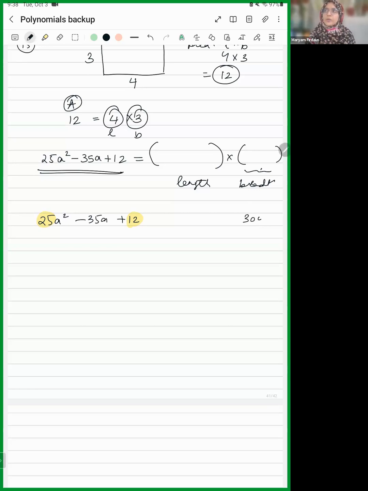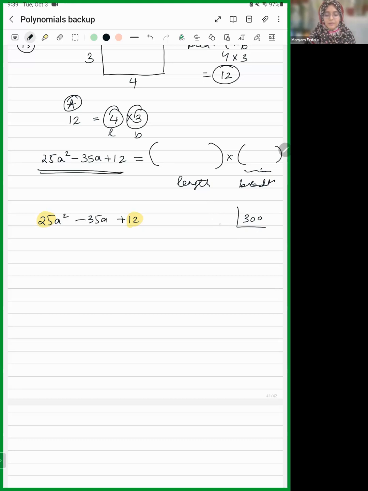Now you need to think of factors of 300 in such a way that this plus this or this minus this will give you 35. You have 60 into 5 is 300, but that's not going to give us 35.